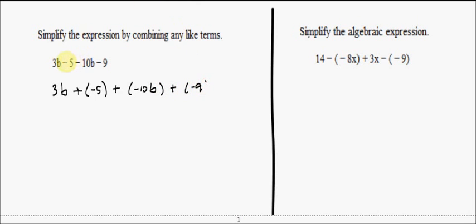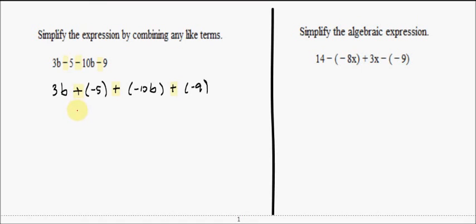So all we've done is changed the subtraction to addition of the opposite. The opposite of 5 is negative 5. Change this subtraction to addition. The opposite of 10b is a negative 10b. And then change this one also to addition. The opposite of 9 is a negative 9. So we first get everything in terms of addition, and then we just add the like terms together.